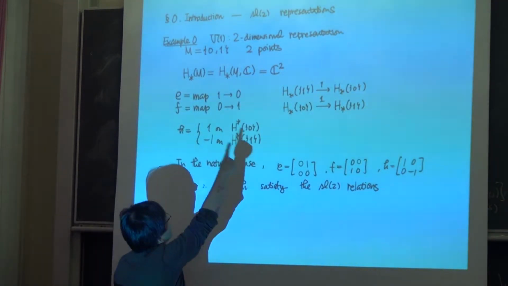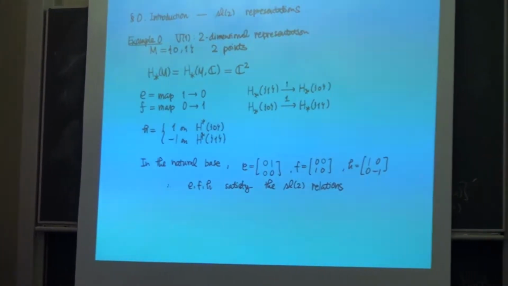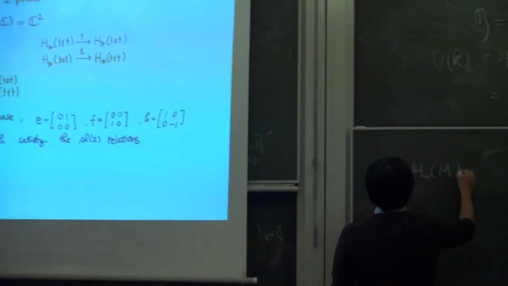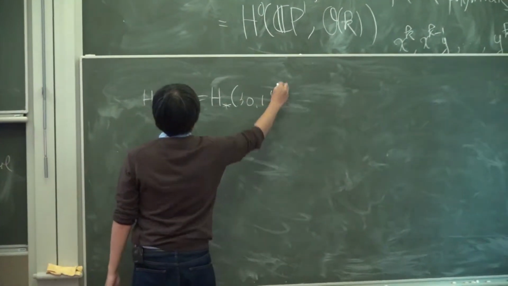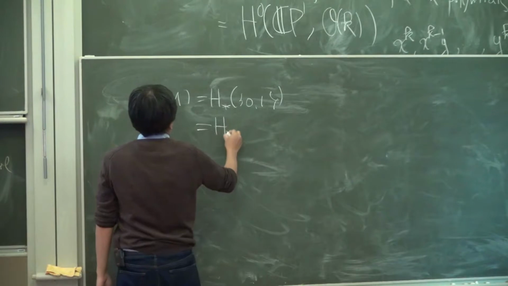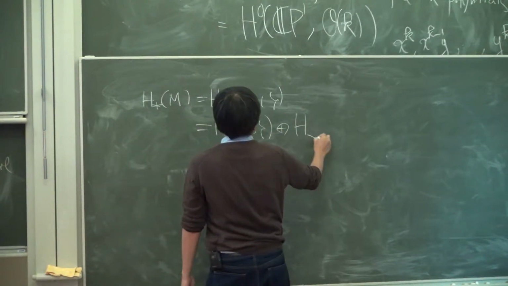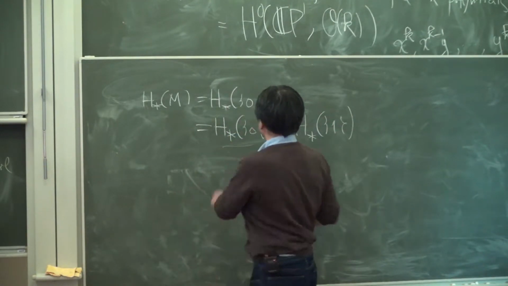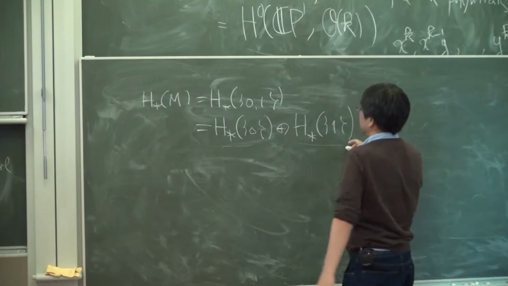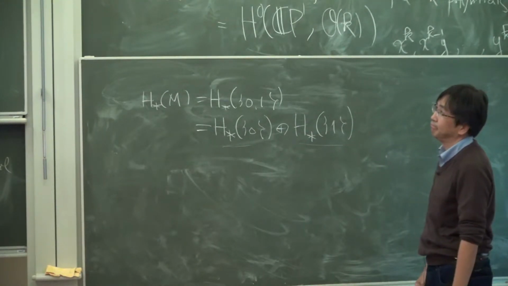And this H star of M has a natural basis. You have a canonical element here and a canonical element here, and it is a natural basis on H2.